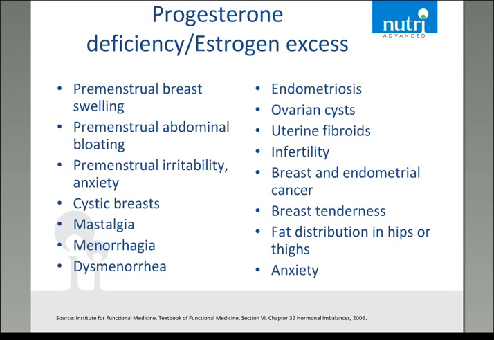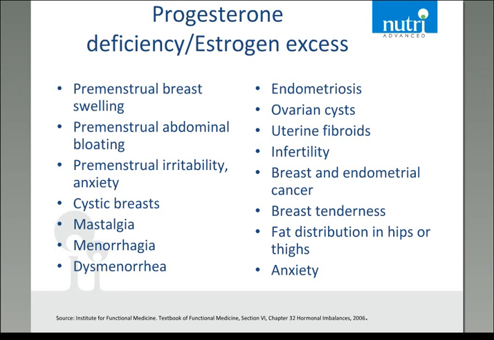So if we think about progesterone deficiency or estrogen excess, what are some of the symptoms that you might see? Well, there's premenstrual breast swelling, which in some people starts at ovulation and goes right through to menses. Premenstrual abdominal bloating, again, could be 2 weeks in some individuals.